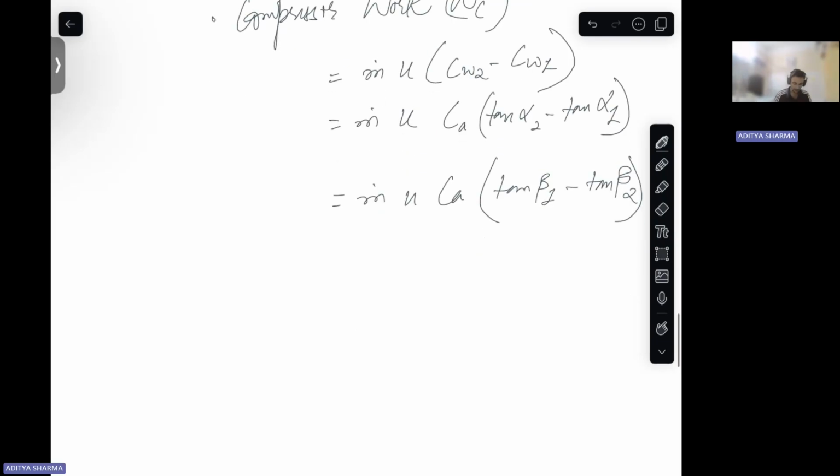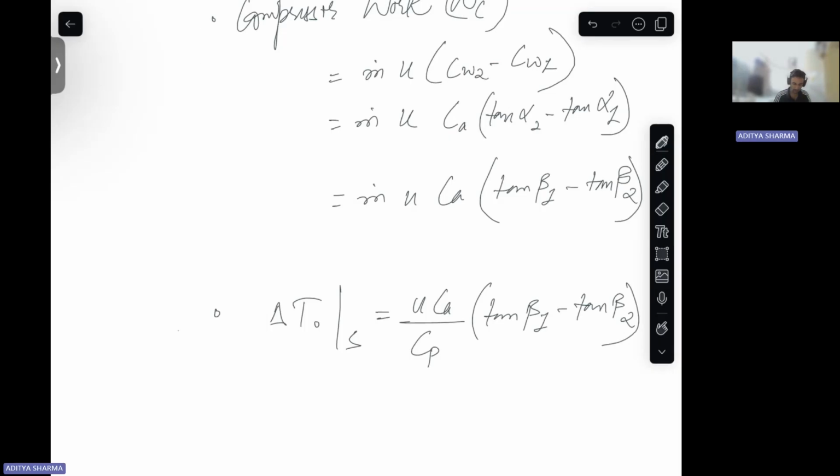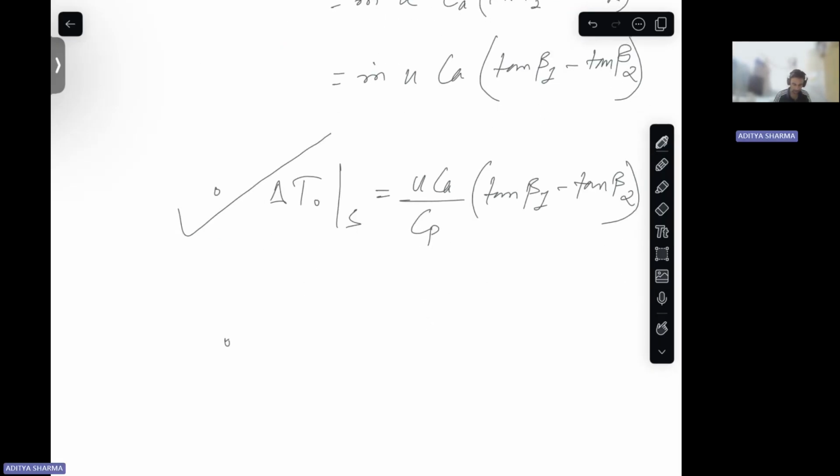Then there is the expression for the temperature. In the stage, there is a temperature change from T01 to T02 to T03. For this, the expression has been worked out, so I'll just directly write that down. So the expression is this. Then there is the expression for the pressure change from P01 to P02 to P03.